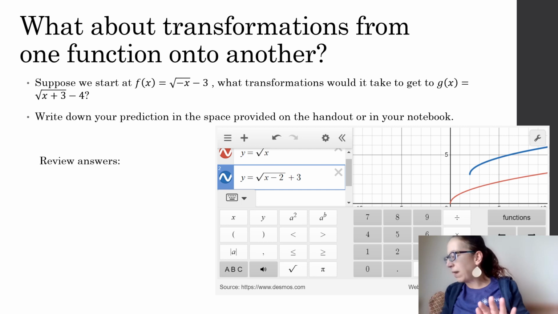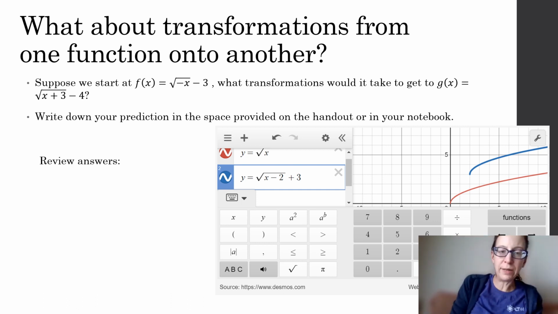Okay, on my notes here, I have a different number than I think I put in the PowerPoint, which isn't a huge deal, because the concept here is to get the transformations. I probably wouldn't have even noticed that if I hadn't clicked the wrong slide.